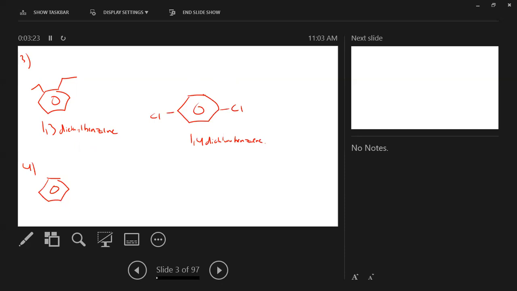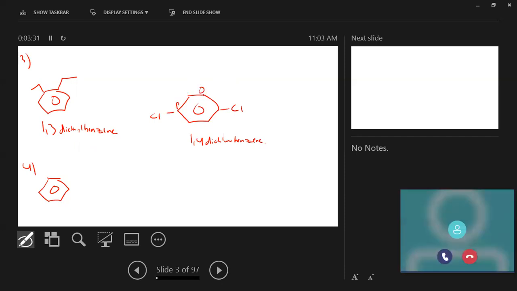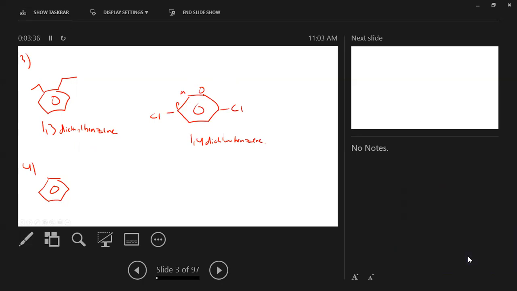If it doesn't give you, just put 1,4-dichlorobenzene, but it's the same thing because this would be the ortho, meta, and para position. So we have that, and then we're working on 4.